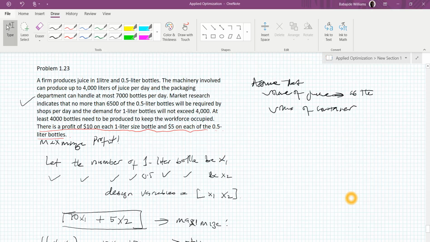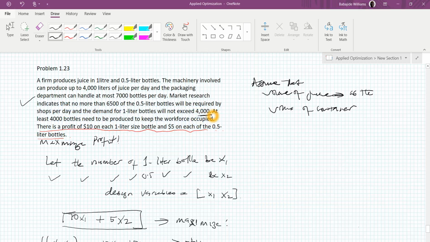Then he said, market research indicates that no more than 6,500 of the 0.5 liter bottles will be required by the shop per day, and the demand for 1 liter bottles will not exceed 4,000 per day.